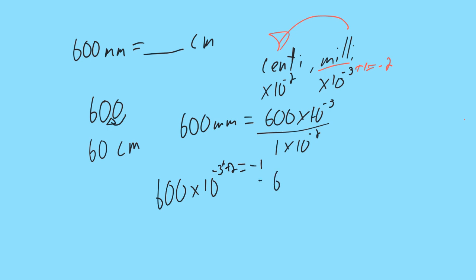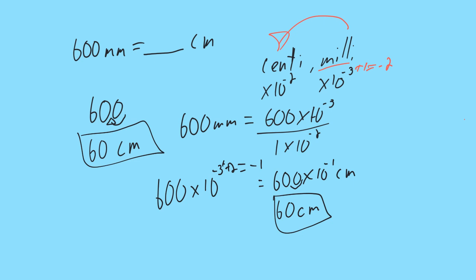So 600 times 10 to the negative 1 centimeters. Look, I'm ending up with 1 spot to the right. So I'm going to move it to the left. I'm going to steal a 10, and I end up with 60 centimeters. Notice in both cases that this is going to work.